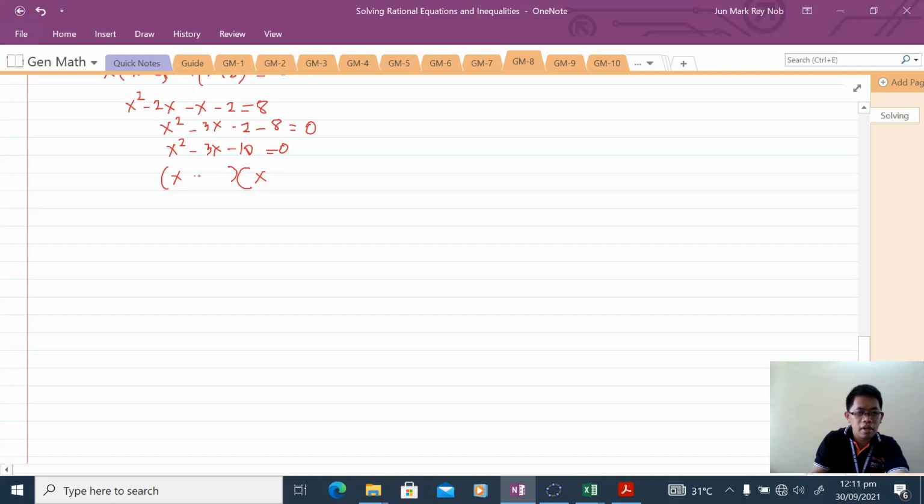So we can have x minus 5 and x plus 2. If we solve for the roots, we equate all the factors to 0. The roots are x equal to 5 and x equal to negative 2.